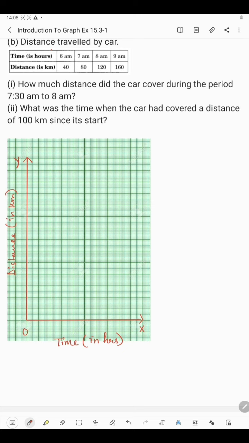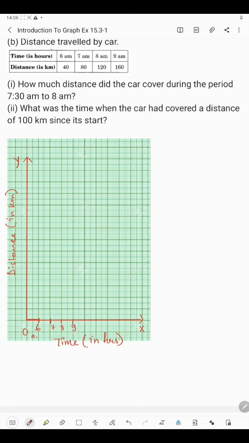Now we will have to take the scale. Here time is given 6 am, 7 am, 8 am, 9 am. That means if I take 6 am over here, then after 1 box if I take 7 am, so the distance between 1 box, we are taking the scale, 1 box is equal to 1 hour, because the gap in between is 1 hour. 6, 7, 8, 9.